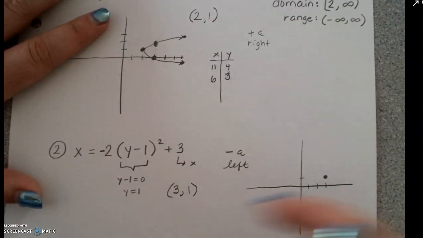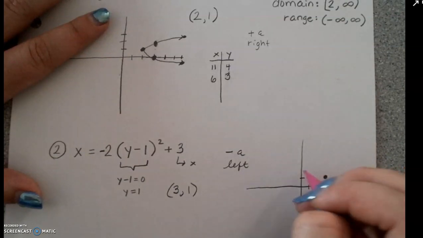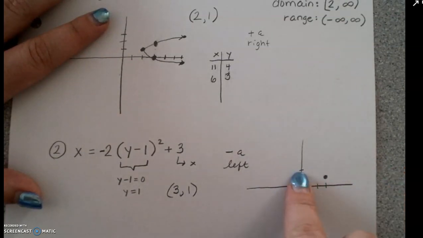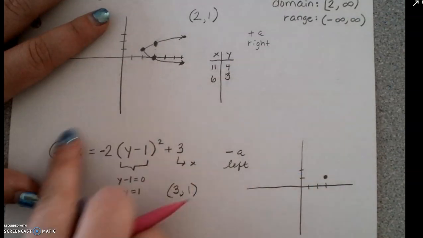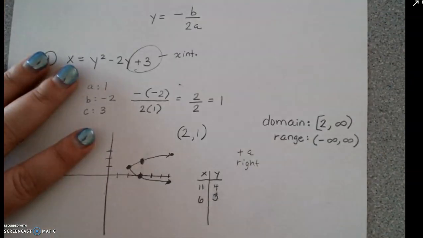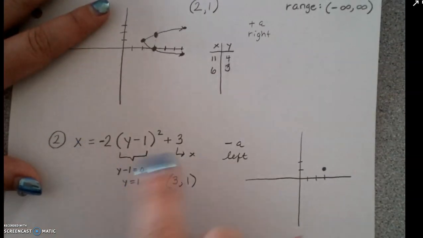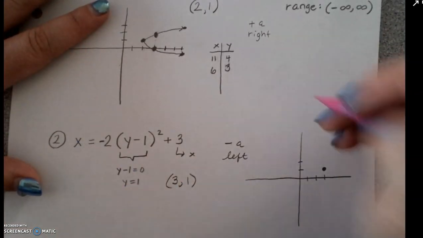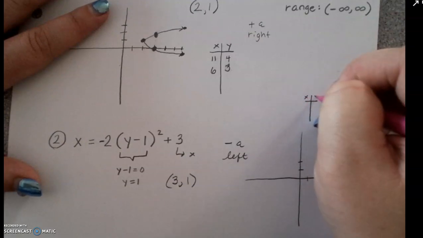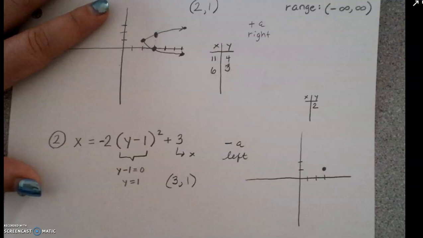I know my graph is going this way. So if I'm going to do this by hand, I might plug in a y value of 2 to see what's going to happen there. Because this, remember, this doesn't give us an intercept like standard form does. So I can either plug in that point by hand. So I would make a table, plug 2 in for y, and see what came out for x.